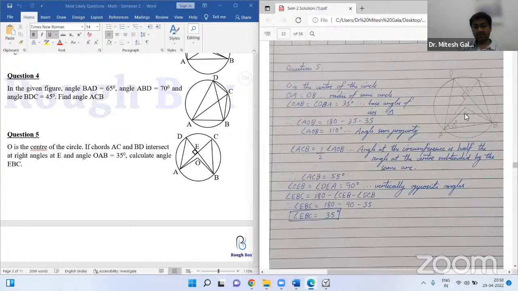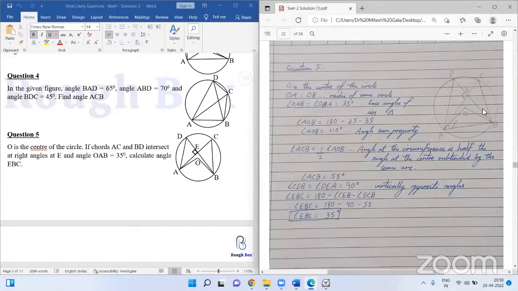And then from here you can say the angle at the center is double the angle on the circumference. So ACB will be half of this, which will be 55. And then with 55 and this 90, you can get the third angle by the angle sum property as 35. Are you getting it, everybody, what I'm saying? Yes, sir.